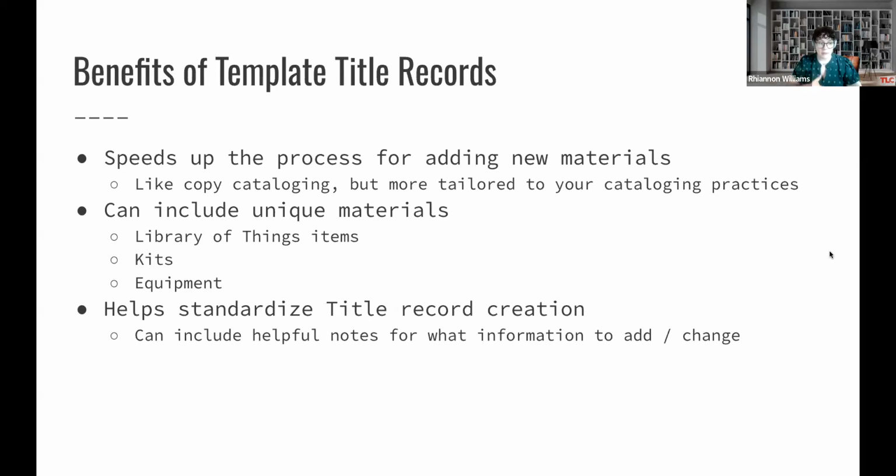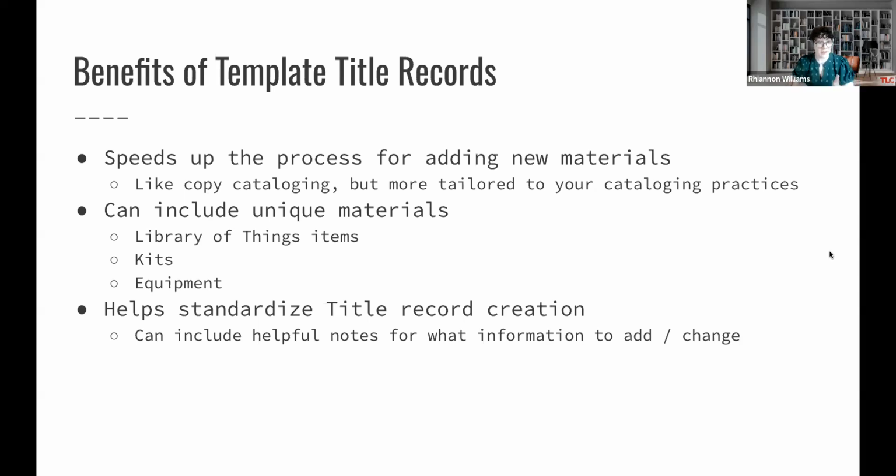A school librarian may catalog a picture book differently than a public librarian, for instance. So using template title records can be helpful for speeding up that process for adding new materials, especially if you have things in there that are tailored specifically to your library or institution's cataloging practices.